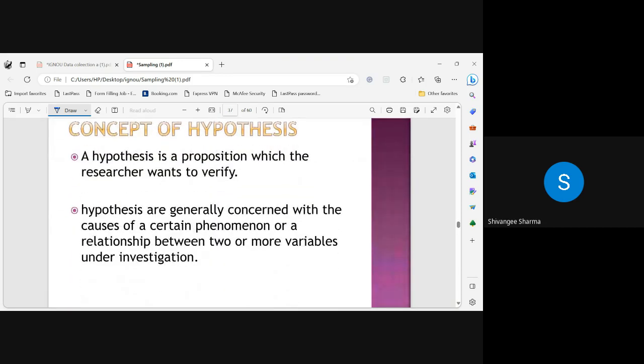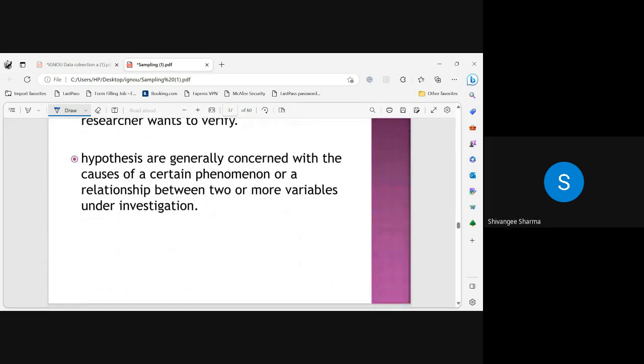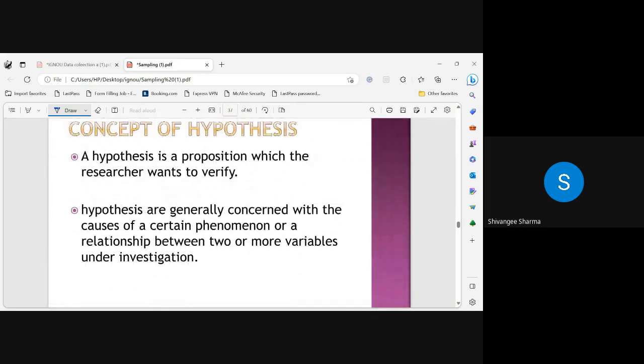So let's understand what a hypothesis is, a simple highlight, because time is very less, only 2 or 3 minutes are left. A hypothesis is a proposition which the researcher wants to verify, right?